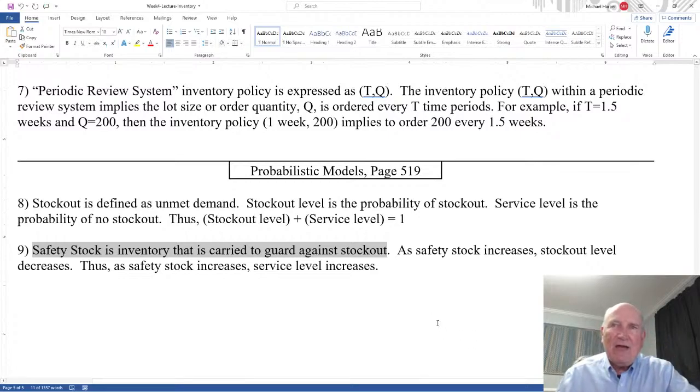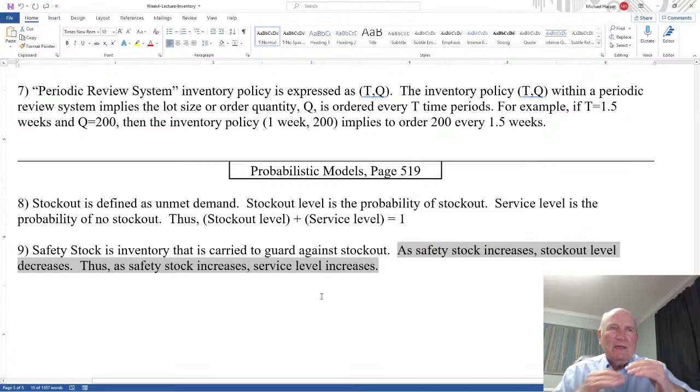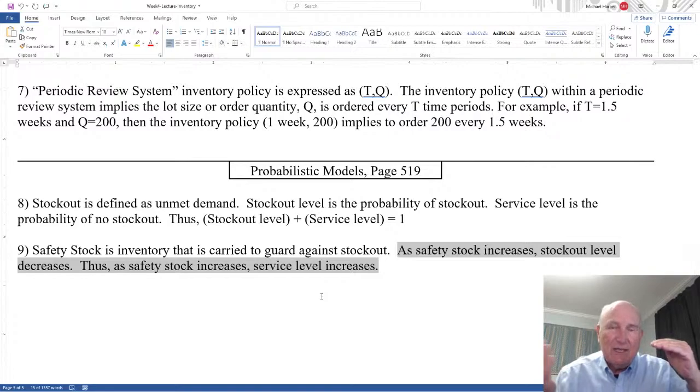Now, as your safety stock increases, your stockout level decreases. Thus, as your safety stock increases, the service level increases. This should be logical if you think about it. If you carry more and more inventory, then you have more inventory to service your customer demand. Therefore, the service level increases and your stockout level decreases. The more safety stock you have, the more inventory you have, the lower the probability of stockout.